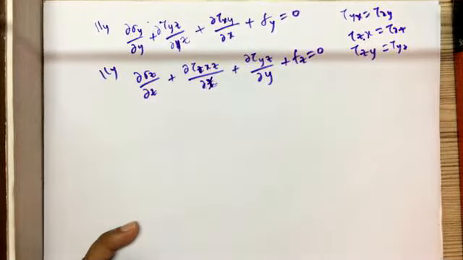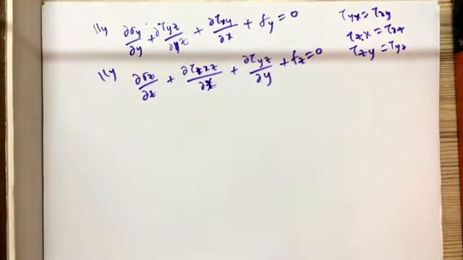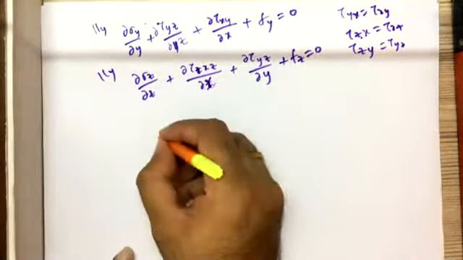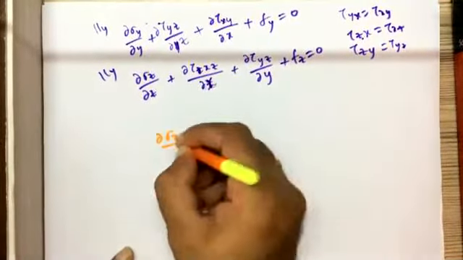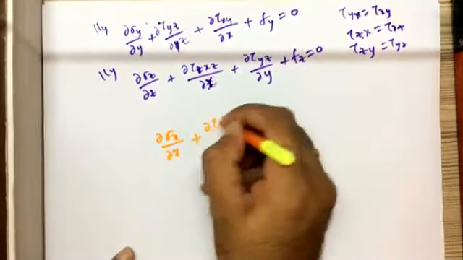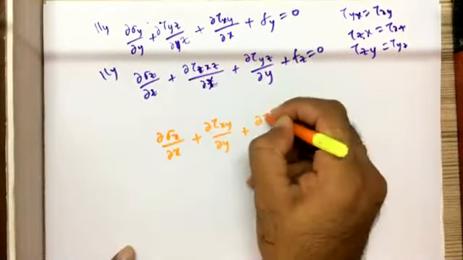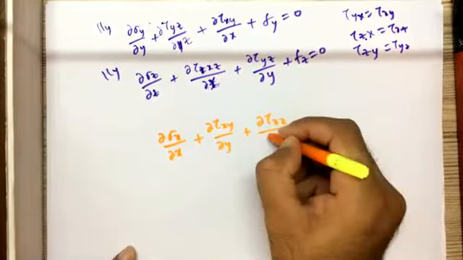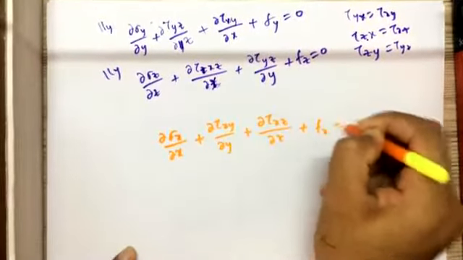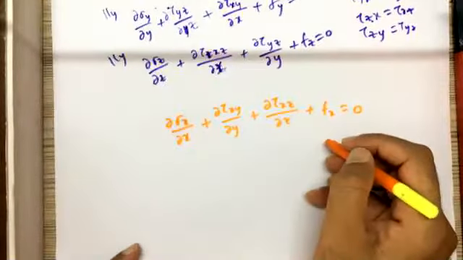So these are the three equations. What are the three equations? I write it for you again. ∂σx/∂x plus ∂τxy/∂y plus ∂τxz/∂z plus fx is equal to 0.